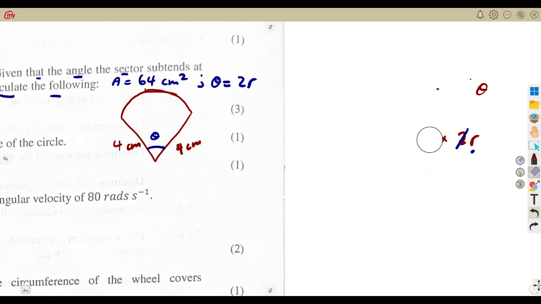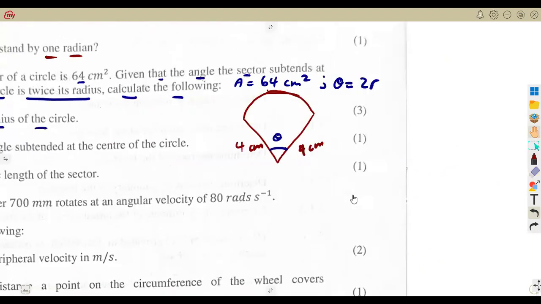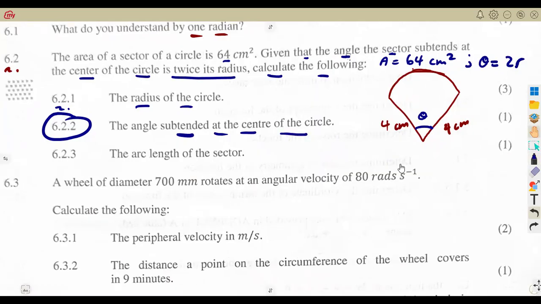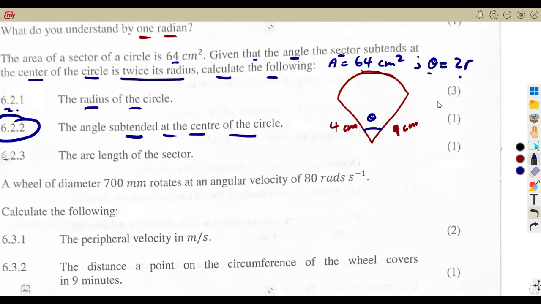You see, they know that if they give you direct information, they just give you all values. Then they ask you to calculate the area, the formulas, you just substitute. So now they want you to form equations with the information that you're given. Then the angle subtended at the center of the circle. If we have the radius, therefore the angle can be determined.